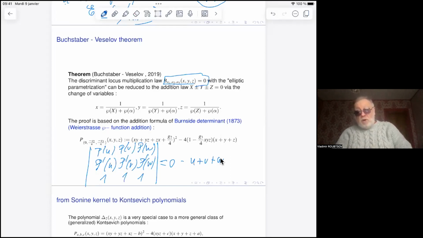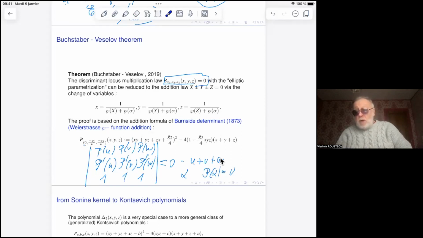But one can rewrite this equation in the algebraic form, if we consider the polynomial of Buchstaber type with coefficient a1 equal to 0. So we can make a choice of point alpha such that P of alpha equals 0 here. And then the second and third coefficients a2 and a3 will be minus g2 over 4 and minus g3 over 4. And then the Buchstaber polynomial will have this form.